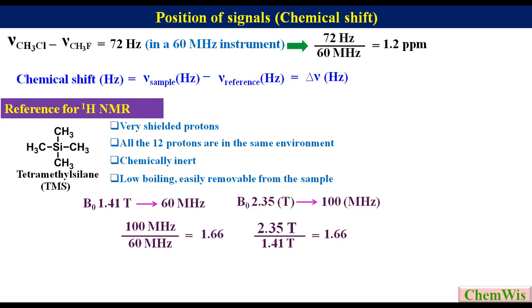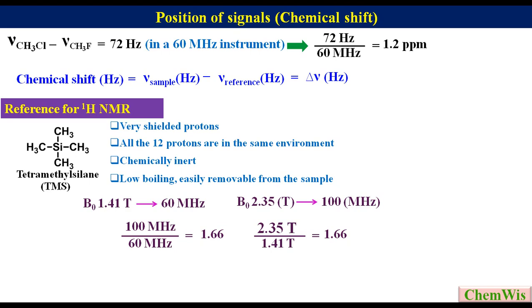So, we can say that the ratio of frequencies are the same as the ratio of applied fields. Thus, chemical shift of a particular proton in Hertz in a 100 MHz instrument is 1.66 times greater than in a 60 MHz instrument. This can create confusion while comparing data recorded on the instruments that differ in strength of the magnetic field.